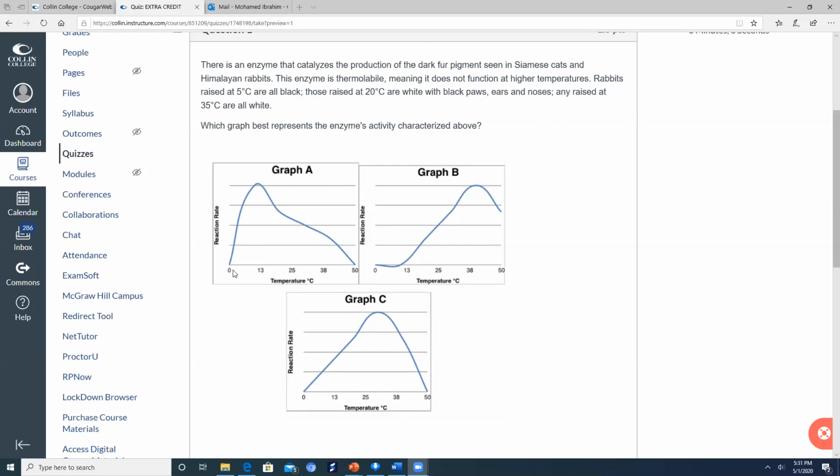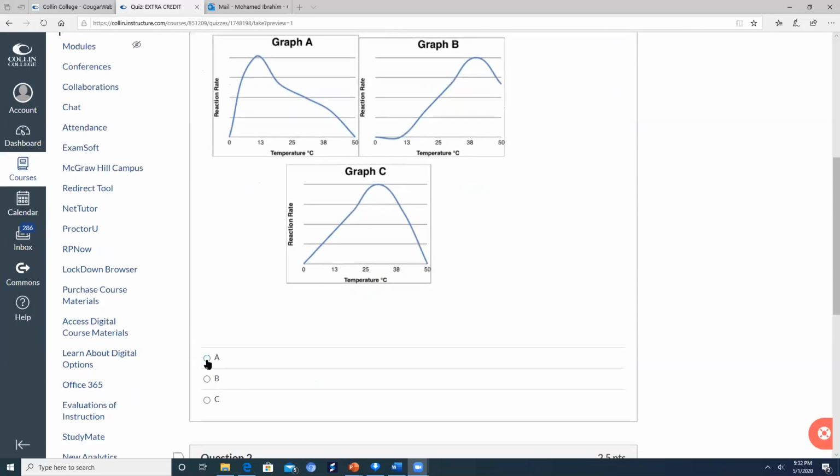In graph A, the enzyme was very active around 5 to 13, then at 20 the activity started to decline, and at 35 it declined even more. So this is the best graph to describe this paragraph. The right answer should be graph A.